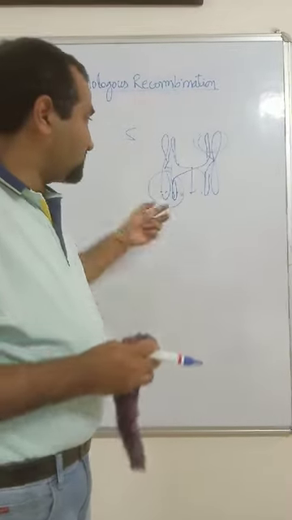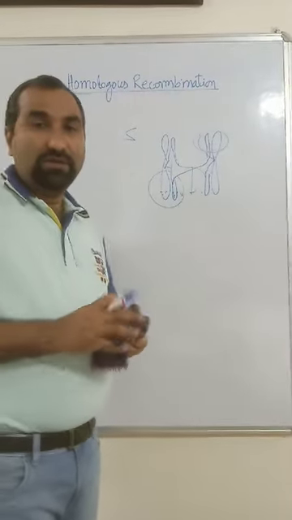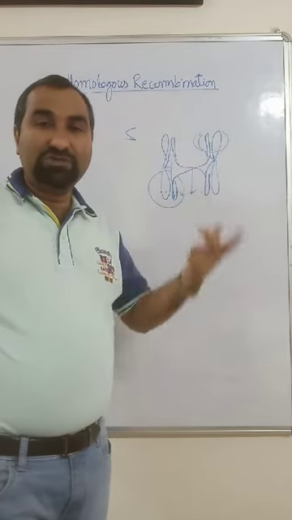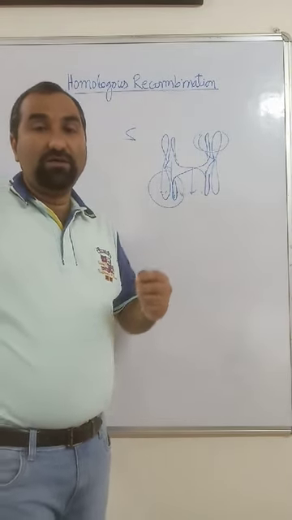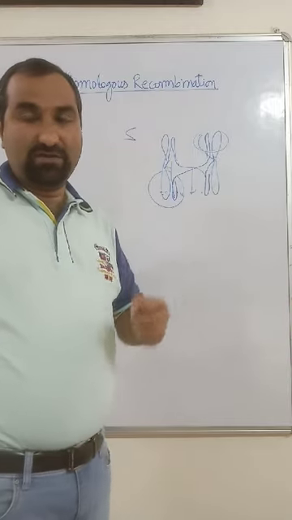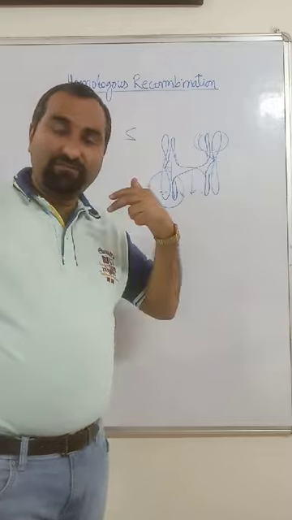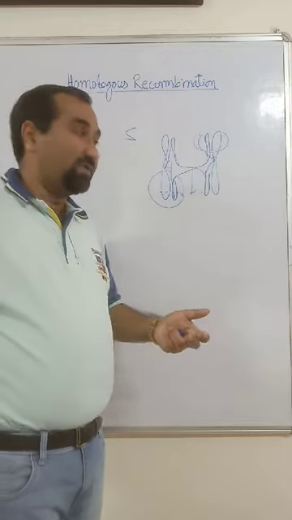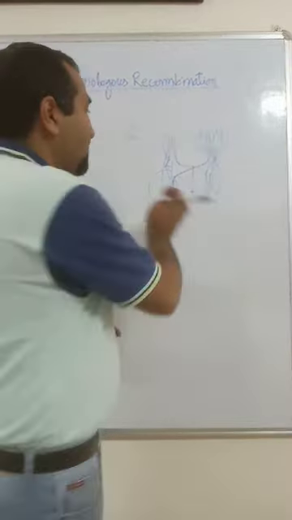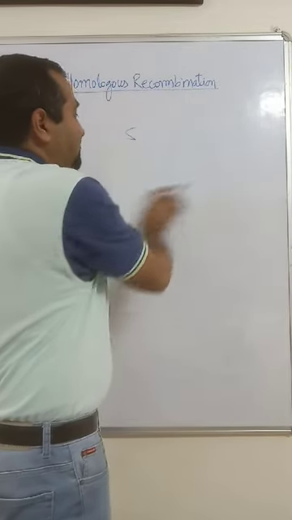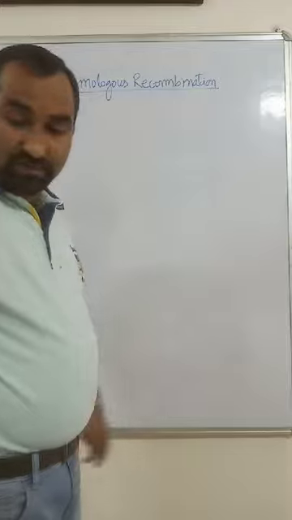But if this is true, then it was observed that chiasma formation or crossing over takes place only in the meiotic prophase, that is sufficiently later than the S phase synthesis of chromosomes.